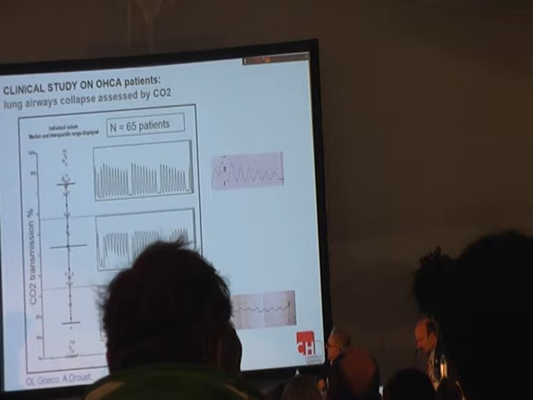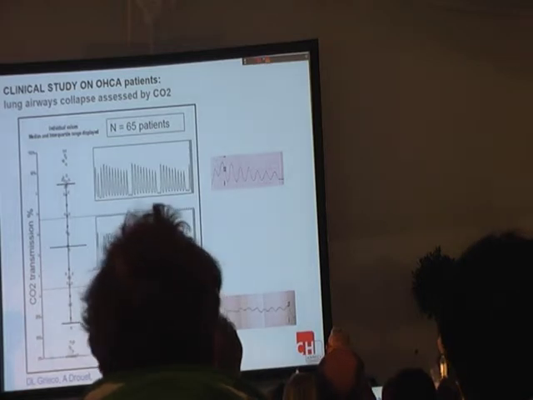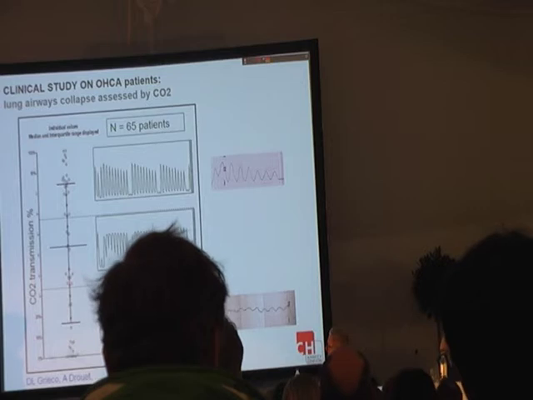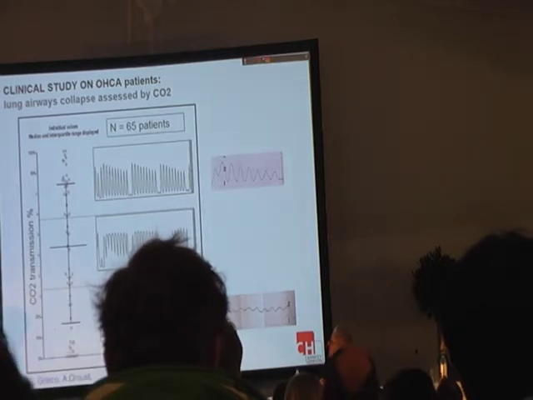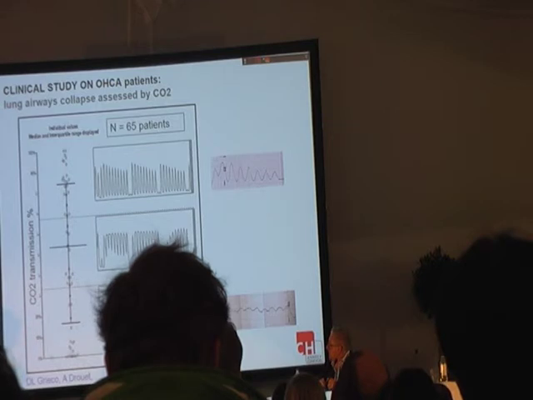Remember, a low coefficient below 30% means a non-oscillating CO2 signal during chest compression, while on the top, a high coefficient of transmission reflects a highly oscillated CO2 pattern that probably reflects open lung airways during resuscitation.